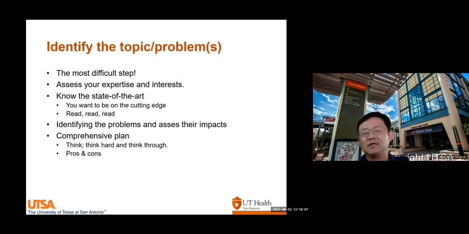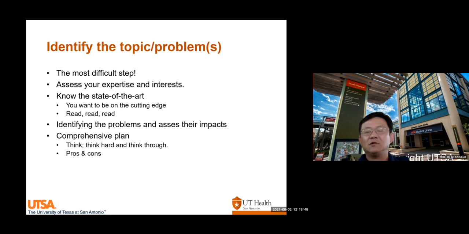The topics that you will be researching are already identified. The reason is that, as I said, this is a pretty difficult process. Oftentimes it involves prolonged research of extensive literature. So we probably don't have the time within this 10-week period for you to engage in this part of the process. However, I still want to quickly get into what is required for us to identify topics and problems.